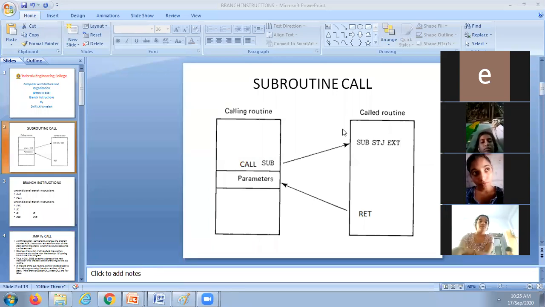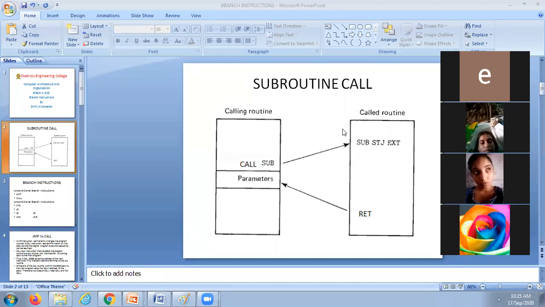Take any C program. It must have at least one function called main. In the main, you are going to write or call many other functions.